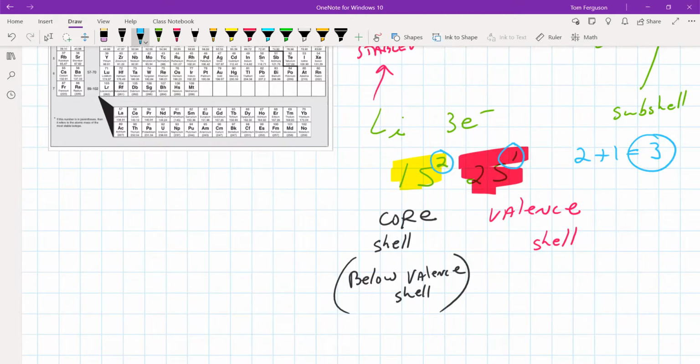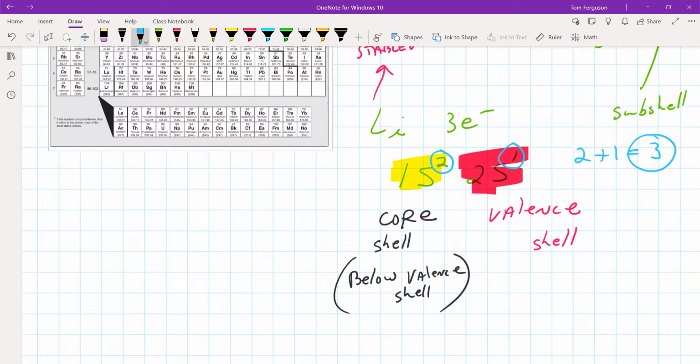Between the core and the valence, which do you think is more stable? The core. Exactly. That's because it's closer to the nucleus. Electrons are negative, nucleus is positive. So when you get closer to the core, those are attracting. So that's a more stable place for electrons. So the core is more stable than valence, and core is horrendously stable.